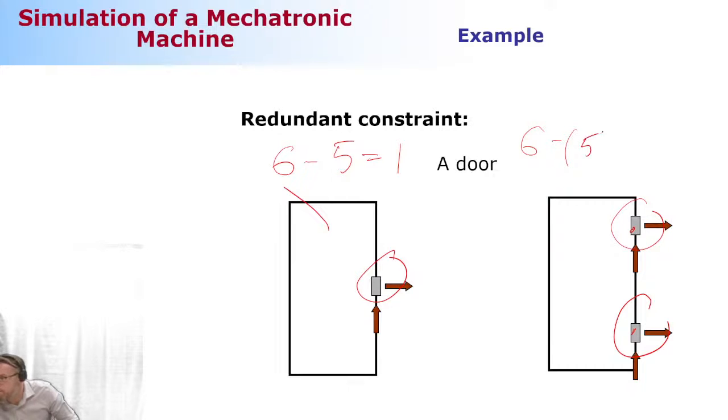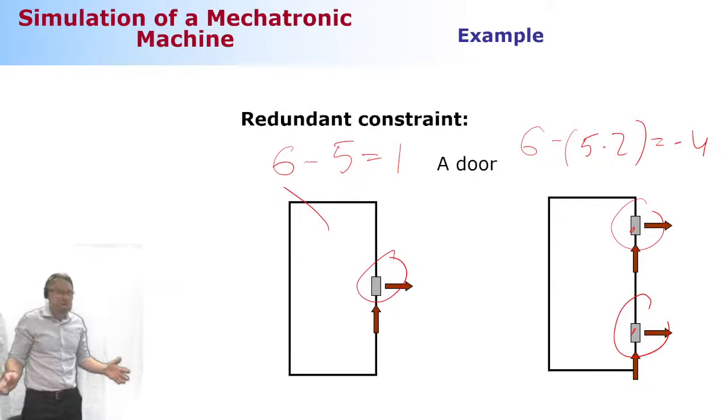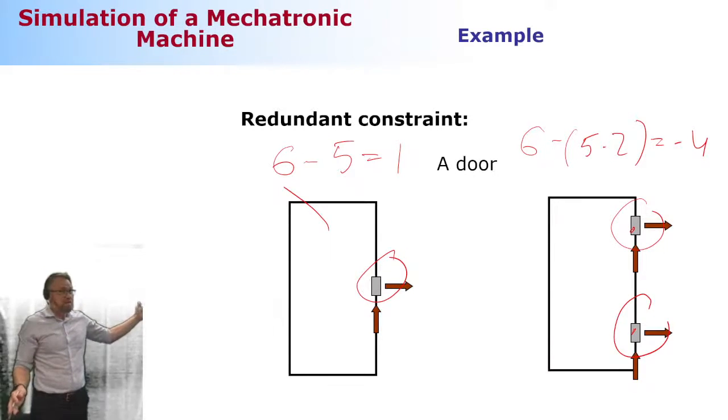So it's 5 multiplied by 2, 10, minus 4, locked. This is it. We cannot escape this place anymore. For the rest of your life, we're going to be here, because I just demonstrated the door cannot operate.